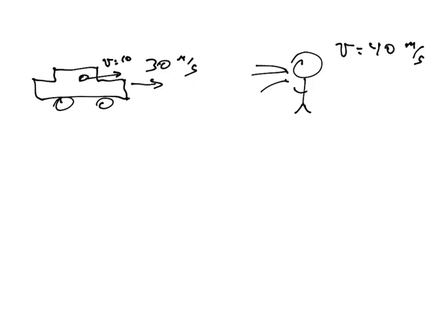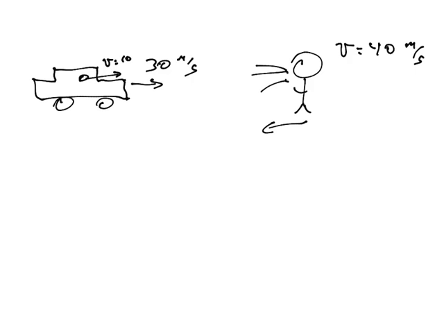But then you throw it and give it an extra 10 meters per second, so a person measuring the ball will see it moving at 40. And that makes perfect sense. And the same would hold true if the car is not moving, but you, as an observer, are moving towards the car at 30 meters per second. Well, if you're moving towards the car, the person throws a ball at 10, but you're already moving 30 towards it, again, you're going to see the ball move towards you with a speed of 40.